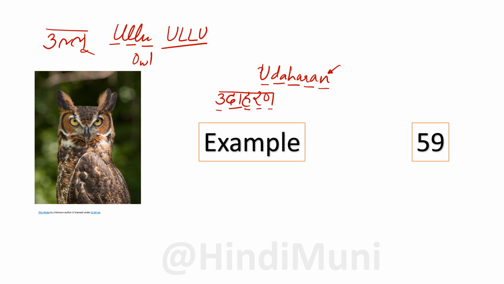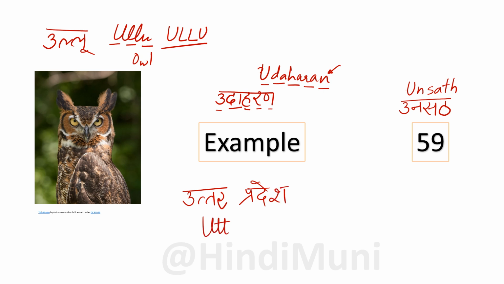So this is udaharan. Then the number 59 is called unsat. And the state of Uttar Pradesh, which is written like this in English, Uttar Pradesh.